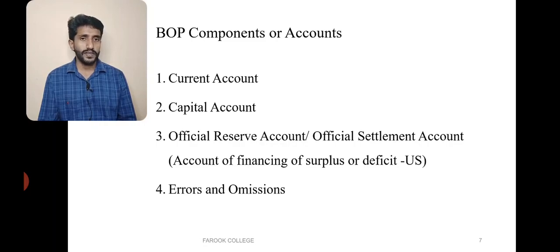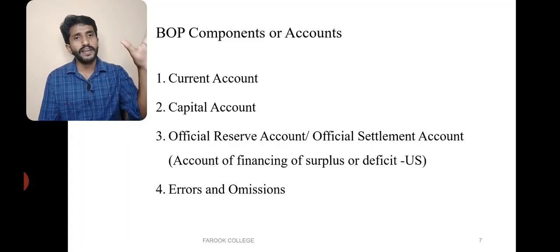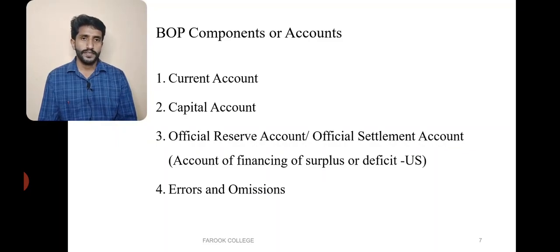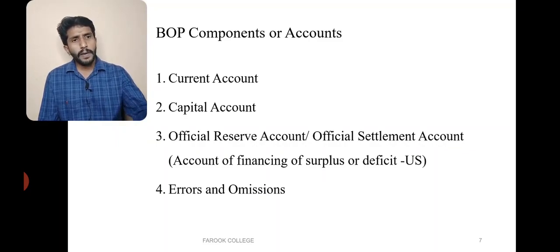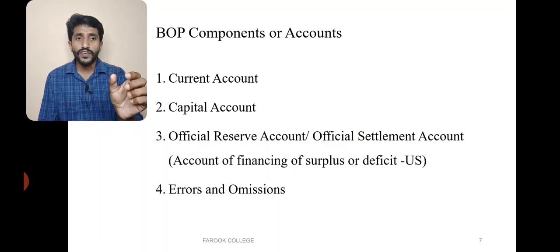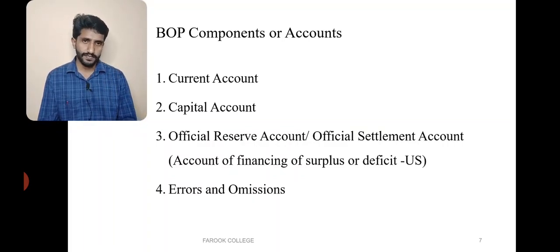Normally we may not have heard of this account, the official reserve account, which can also be called the official settlement account. In the US it is also known as the account of financing of surplus or deficit. It is the account for the financing purpose of surplus or deficit.